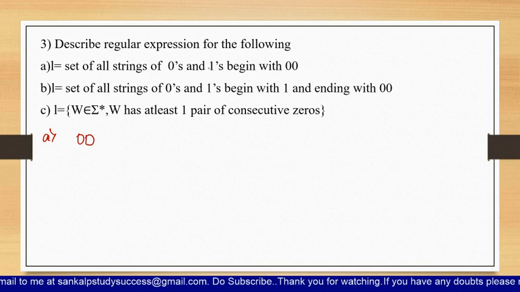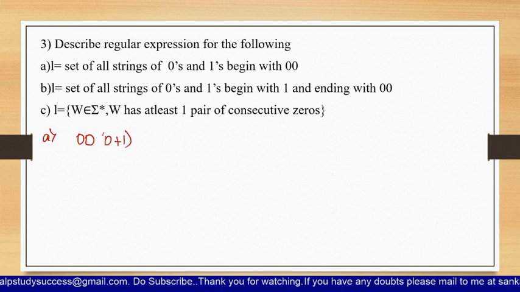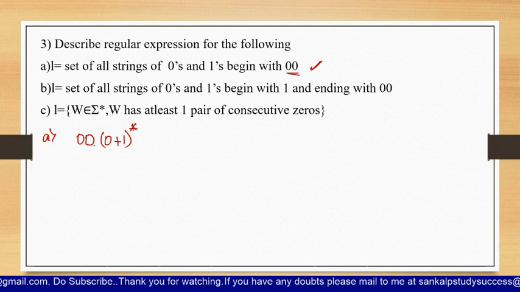You can have any combination of zeros and ones, which is (0 plus 1) whole asterisk. So the regular expression for A is 0 0 followed by (0 plus 1) whole asterisk.